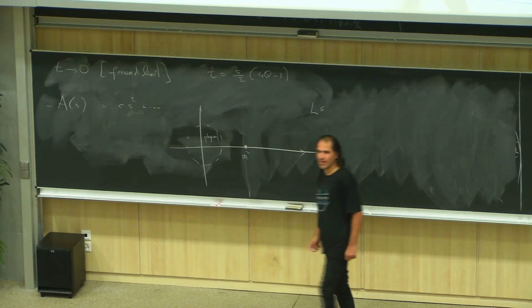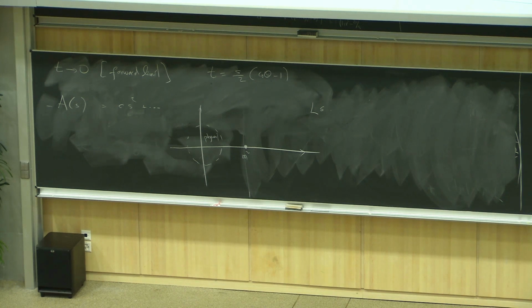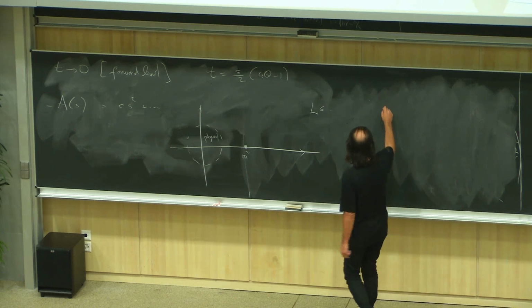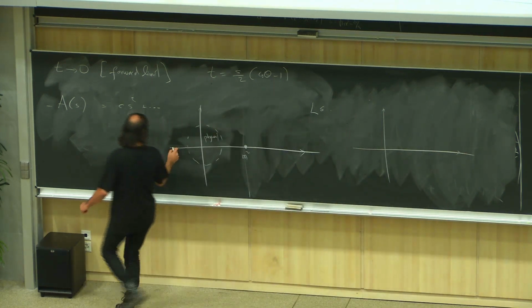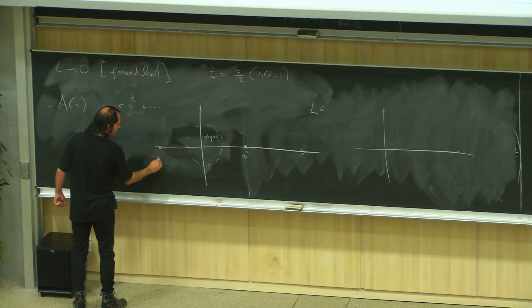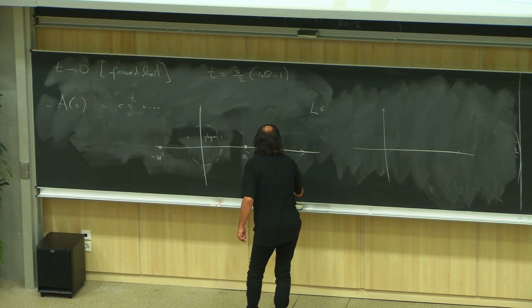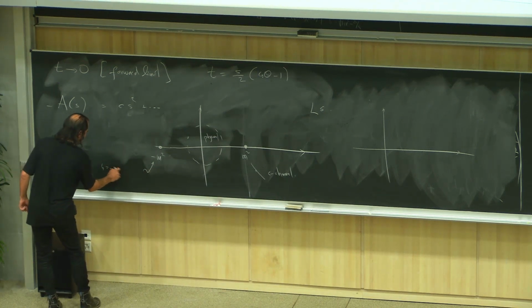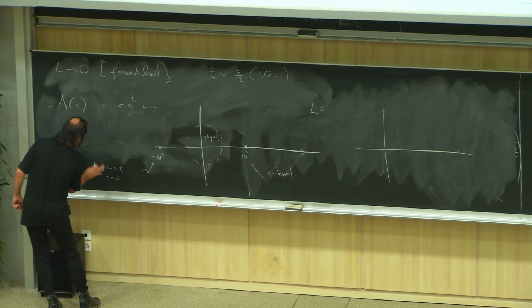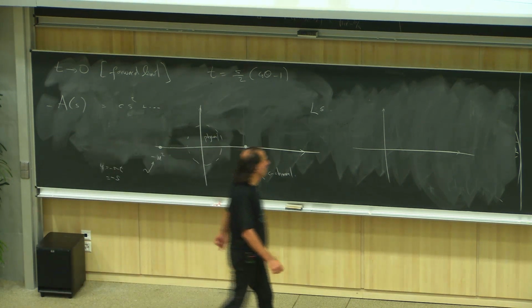In fact, in this case there are two poles, at s equals m squared, from the s channel, and at s equals negative m squared, from the u channel. Remember, u equals negative s minus t, which is just equal to negative s here at t equals 0, so we have a pole in the u channel.